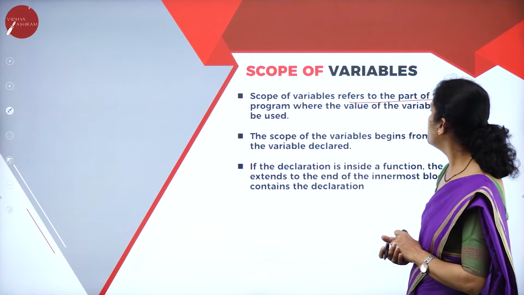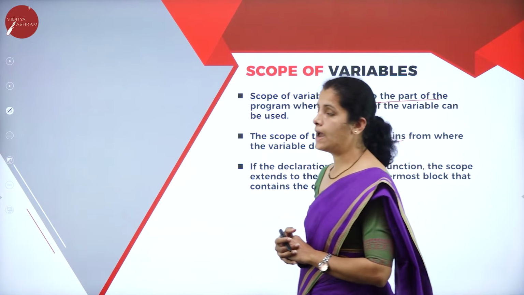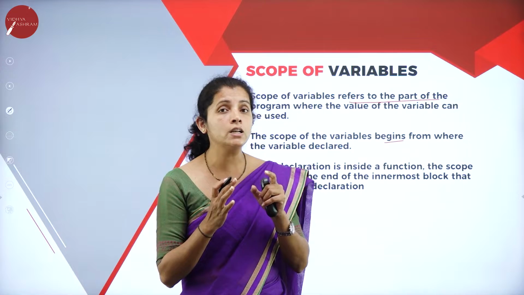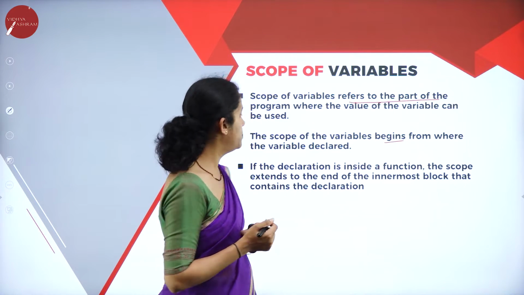So the scope of the variables begins from where the variable is declared. So here the scope of the variable is going to start when and where we declare the variables.